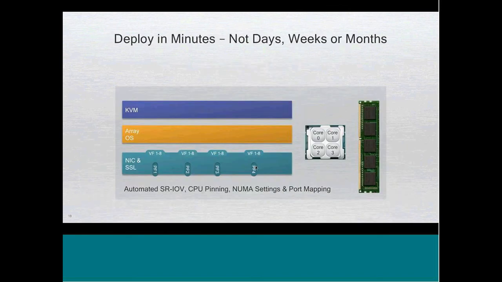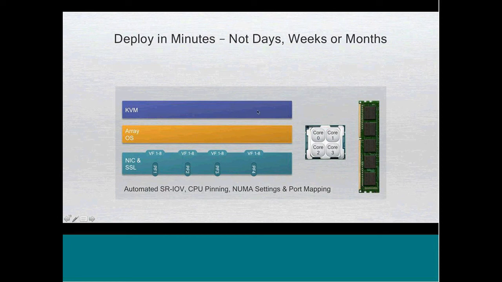Now, if we go a little bit under the hood and see what is really going on, I want to show this animation to make a point about how the automation is done for you and how you can deploy this in minutes, and why it takes minutes and not weeks or months. So what you see here is the orange layer, which is the array operating system.